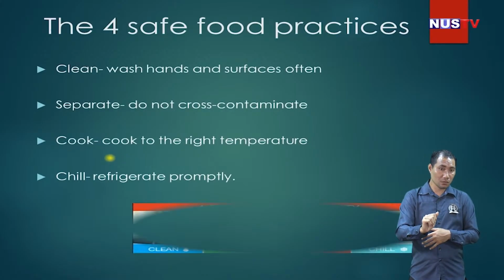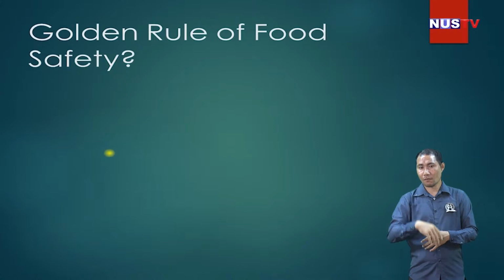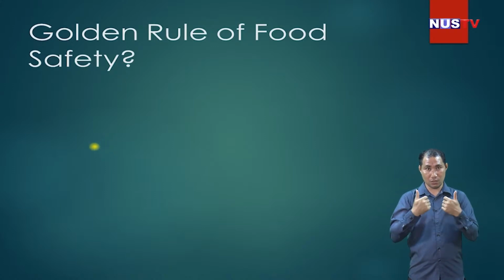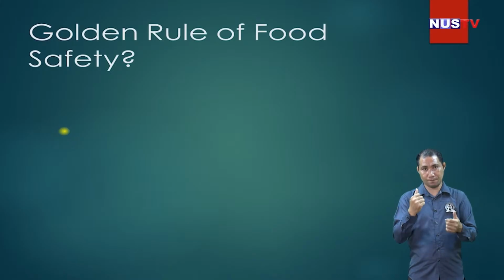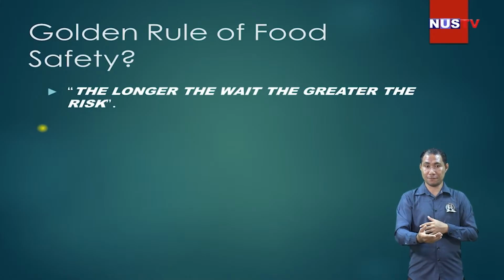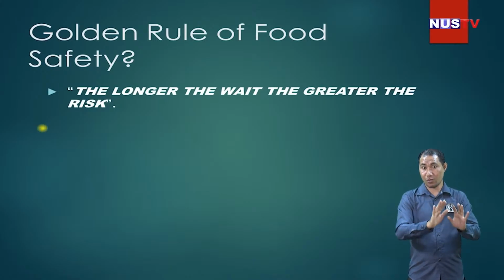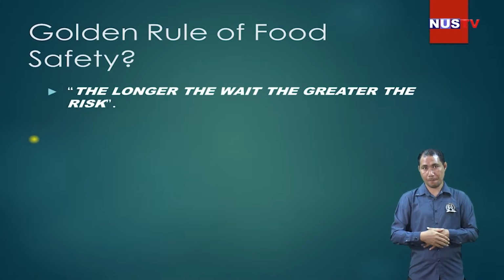But here is what I found in order to remind us about personal hygiene and safe food practices. It's a golden rule. The golden rule of food safety says, the longer the wait, the greater the risk.